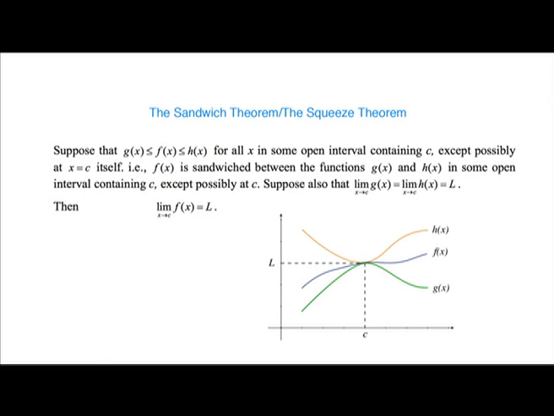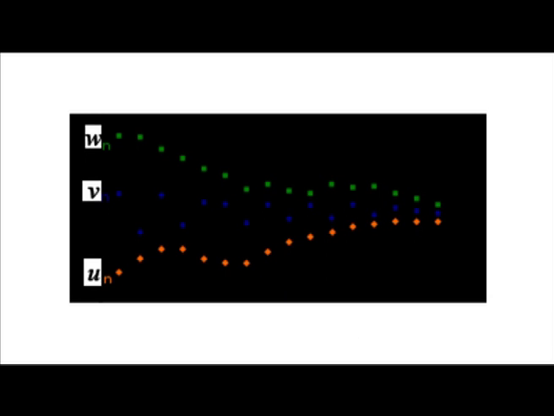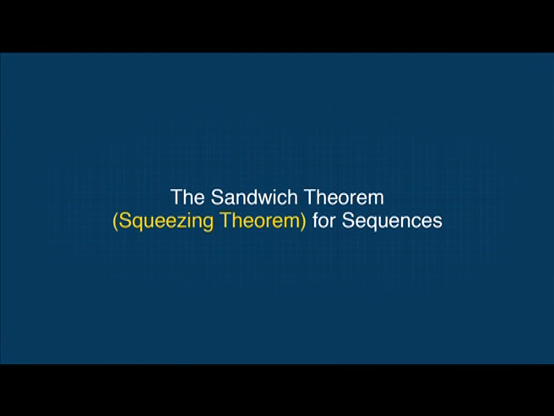Since sequences are functions with domain the set of natural numbers, the above theorem is applicable for sequences also, provided one sequence is sandwiched between two other convergent sequences converging to the same limit. The formal statement follows. The sandwich theorem, or squeezing theorem, for sequences.